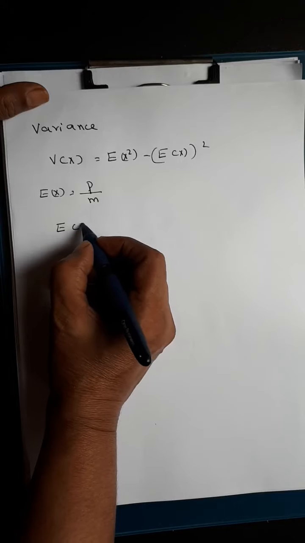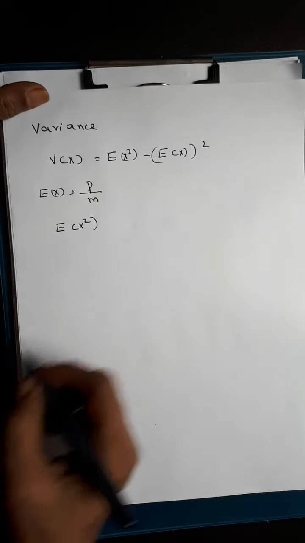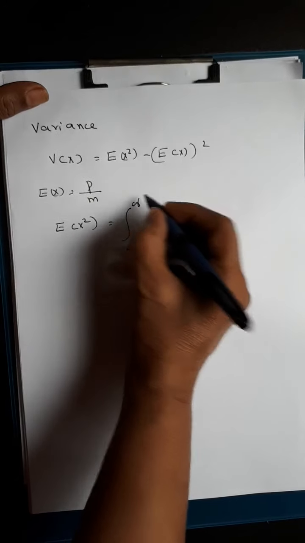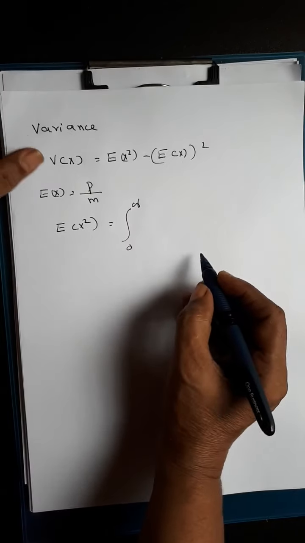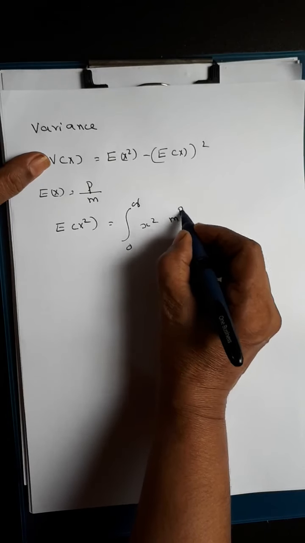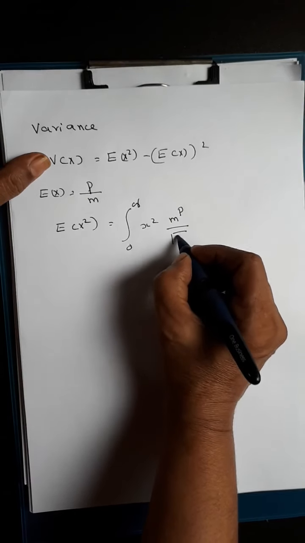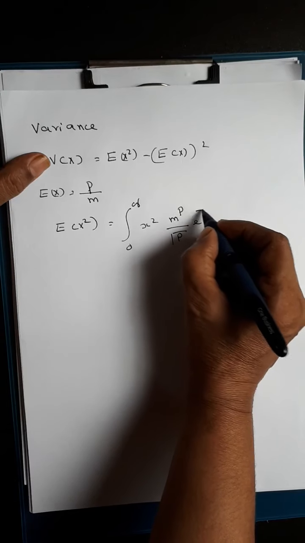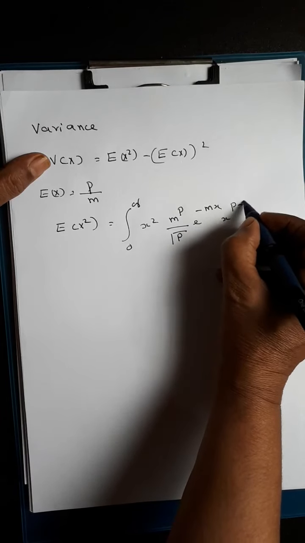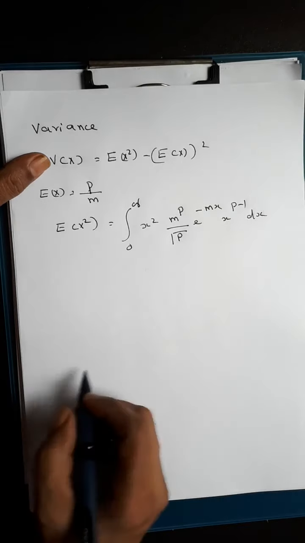So we have to find E of x square. It is the integral 0 to infinity x square into m raised to p divided by gamma p, e raised to minus mx, x raised to p minus 1 dx.